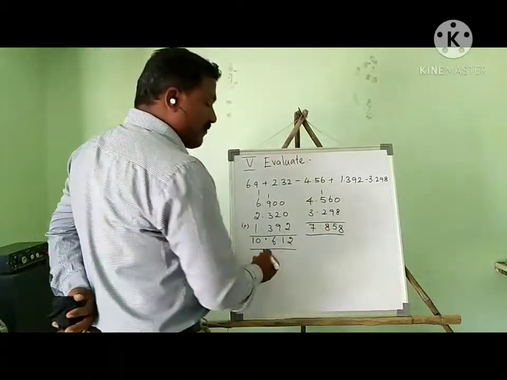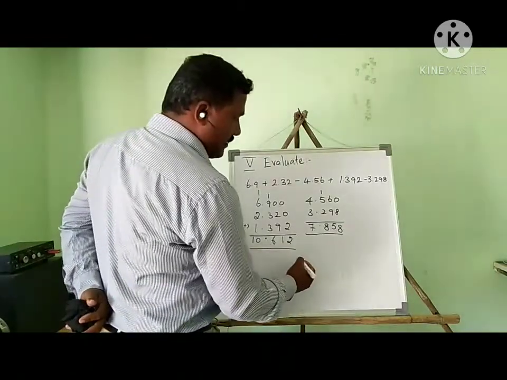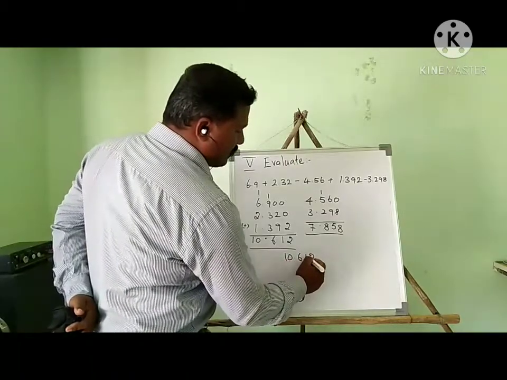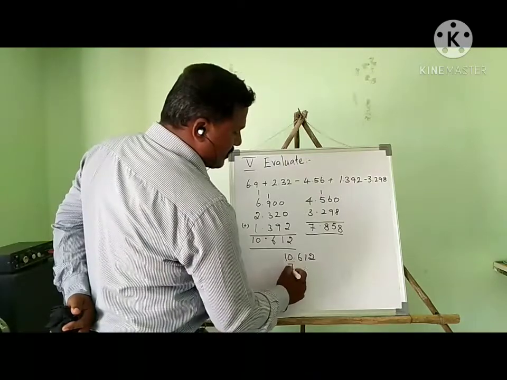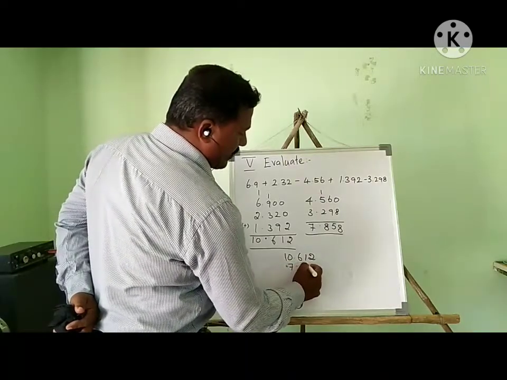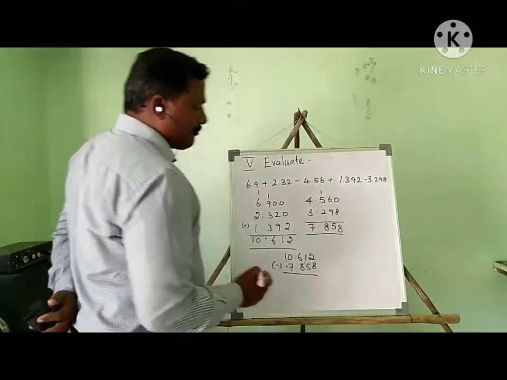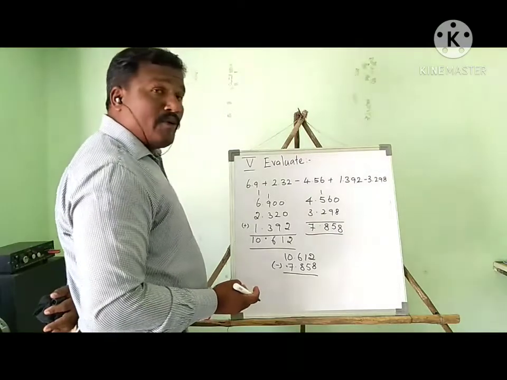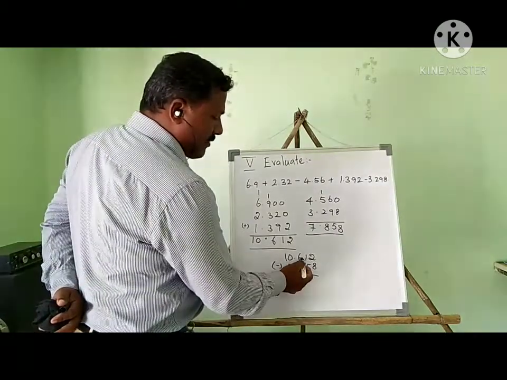Now we have to subtract. This is the bigger number, so I will put it on top: 10.612 minus 7.858. You know very well how to subtract. 2 minus 8 we can't subtract because the top digit is small and the bottom is big, so we have to borrow.